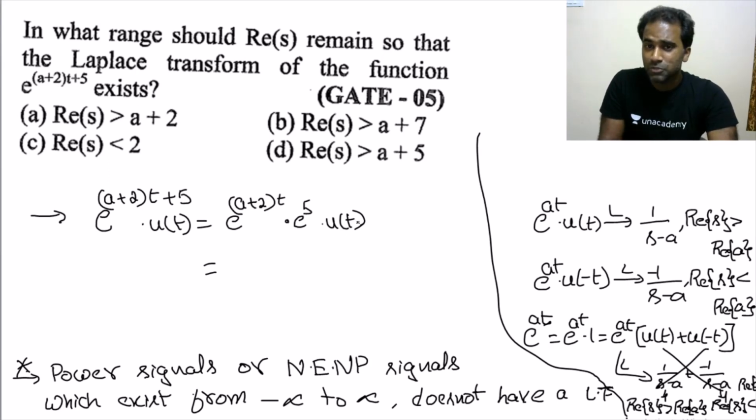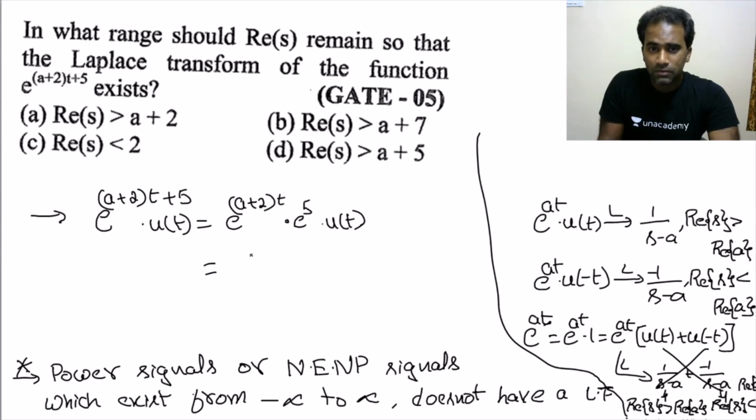If you don't assume u of t or u of minus t, then the Laplace transform will not exist, and we cannot say some ROC, because every option has some non-zero ROC. When there is confusion, by default you can take u of t, since our default assumption about signals is that they are causal. But if they specifically mention it is a non-causal signal, then you have to take it like that.